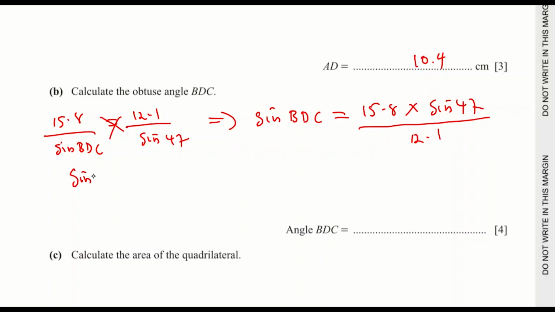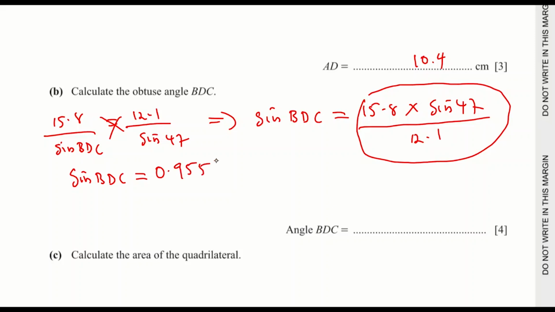If you input the whole of this into your calculator, you should get 0.9550.